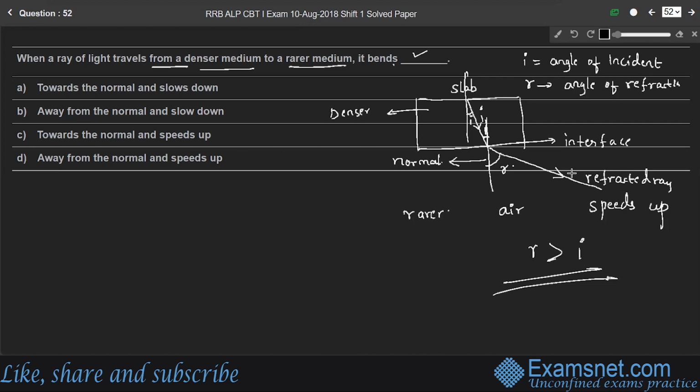So the amount of bending, to what extent it bends away from the normal, depends on the refractive indices of the two media.